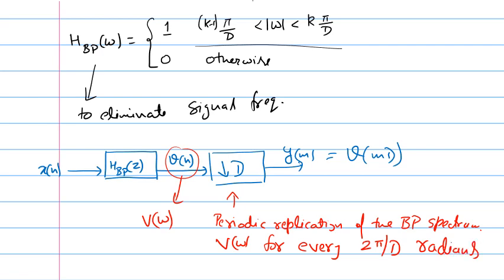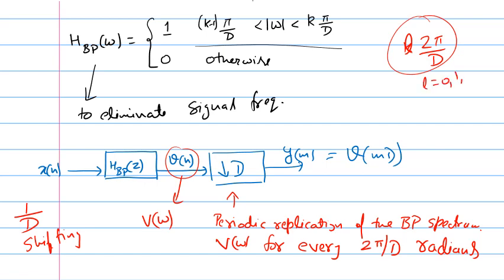So you already know what a downsampler does. It causes amplitude scaling by a factor of D. It causes shifting of the spectrum, with shifts of 2 pi by D times l, where l is 0, 1, up to D minus 1.